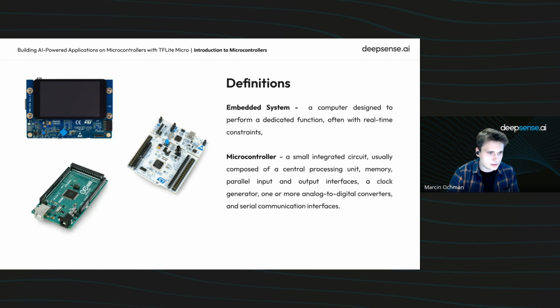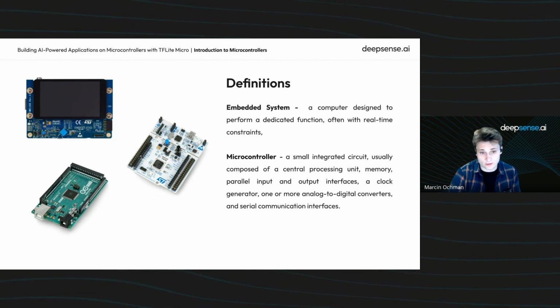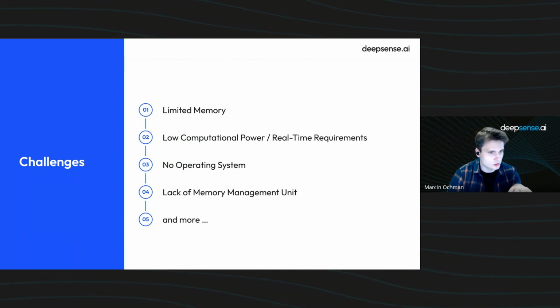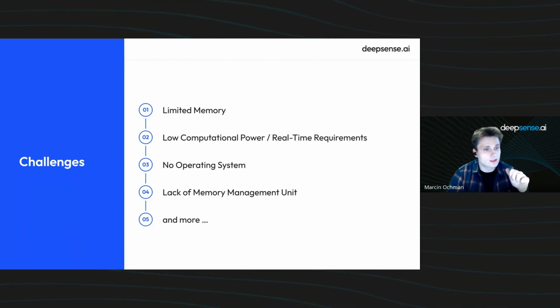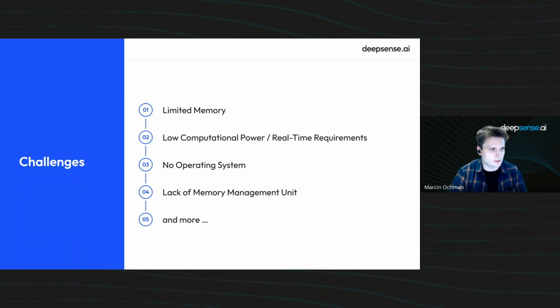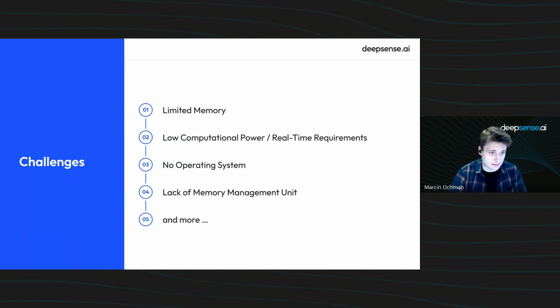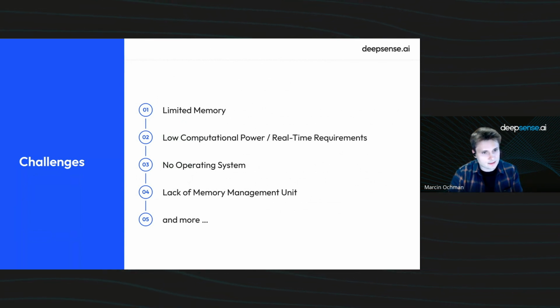However, building microcontrollers application, especially with AI, may be a very challenging task. So let's dive deeper into that problems. Running AI on microcontrollers comes with unique challenges, including limited memory, low computational power, often which comes with the real-time requirements. And these devices also lack operating systems and memory management units. So that makes the development even more complex.